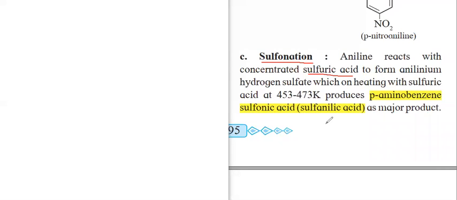Sulfanilic acid means that at the para position, a sulfonyl group is attached to the aniline, and this is the major product. We will see the reaction, then you will understand it.